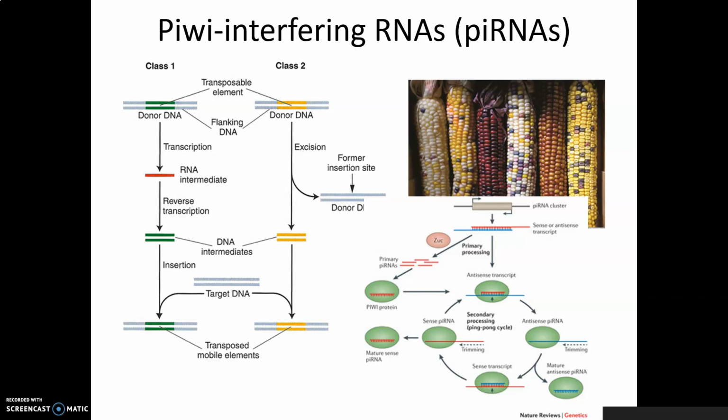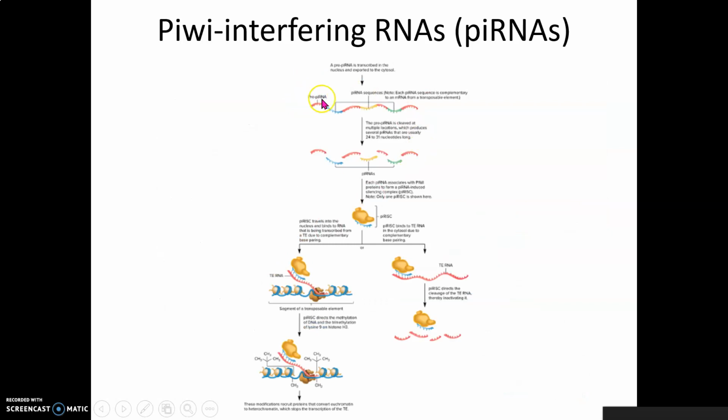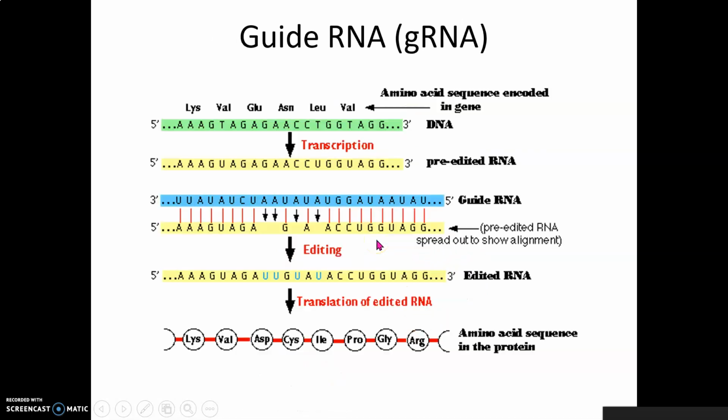So they are able, through a process where we have the pre-molecule and we're going to cleave it, and we get these Piwi RNAs, and then they interact with the complex that allows them to then go where they are complementary to this transposable element RNA and cleave it. And you'll start to see a pattern here where there's a lot of cleavage that goes on when we are interfering or inhibiting processes.